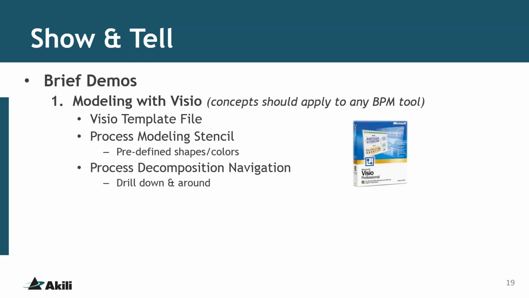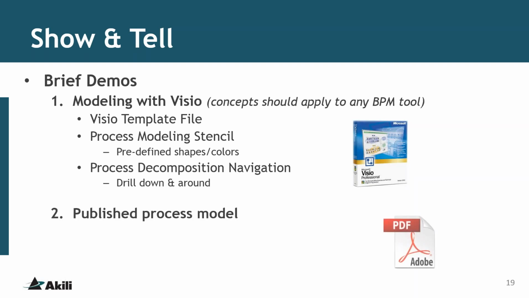Then we'll show you the process decomposition or navigation that lets us drill down and drill around in the resulting artifact. Now these techniques help speed up the work of process documentation. It will drive artifact consistency across process, and it'll make the artifacts come alive and have value for the consumer.